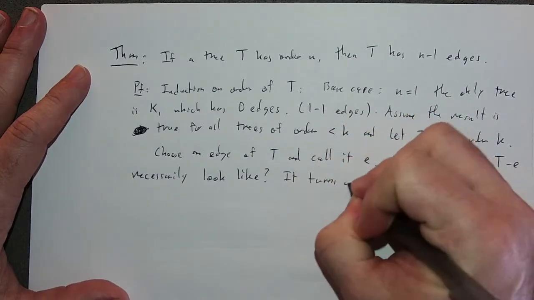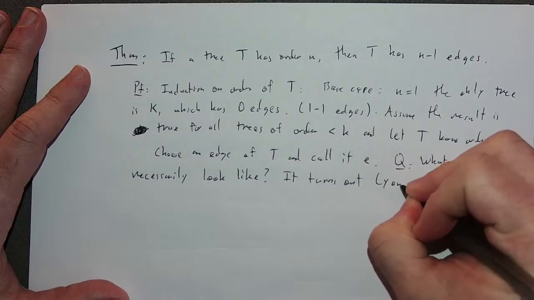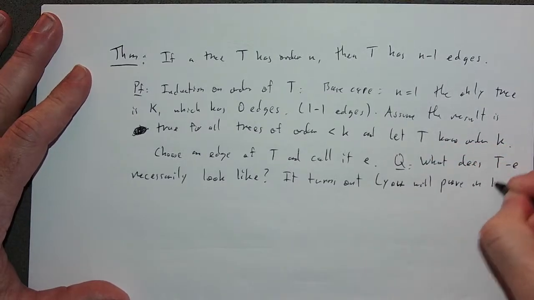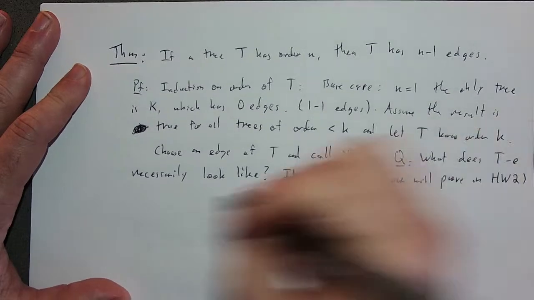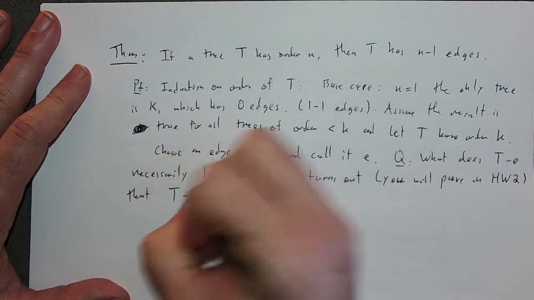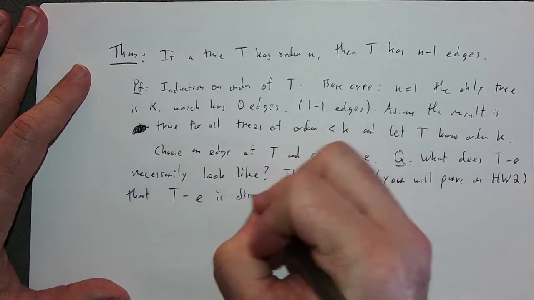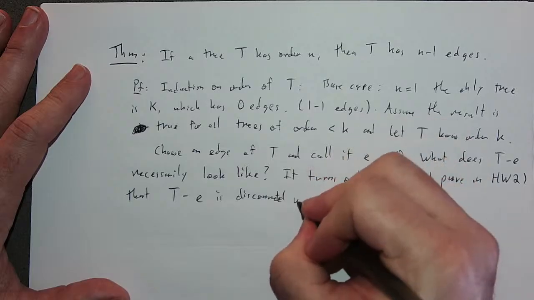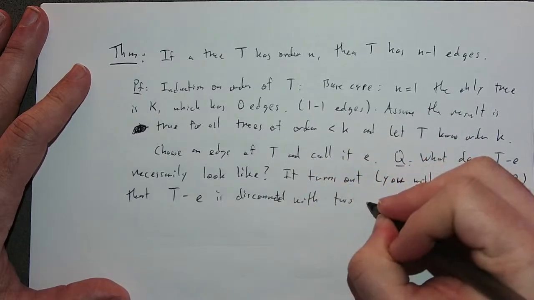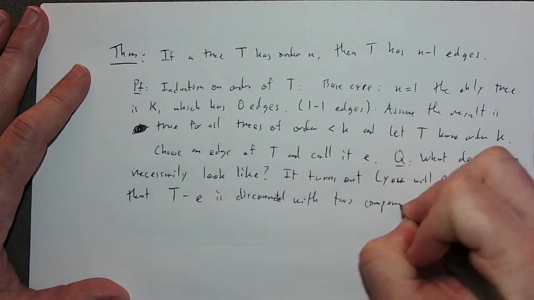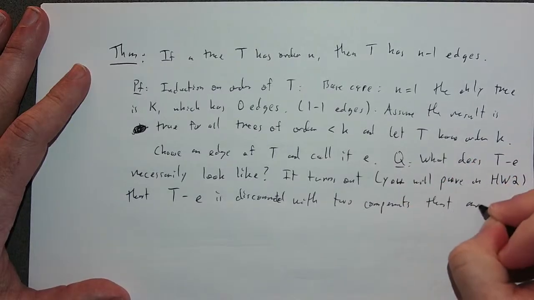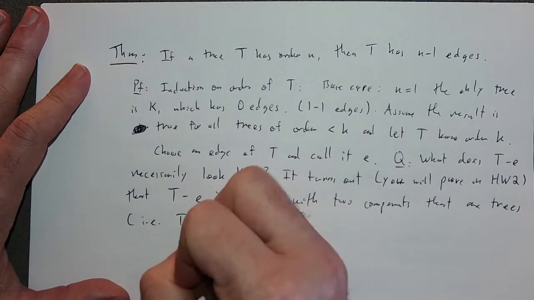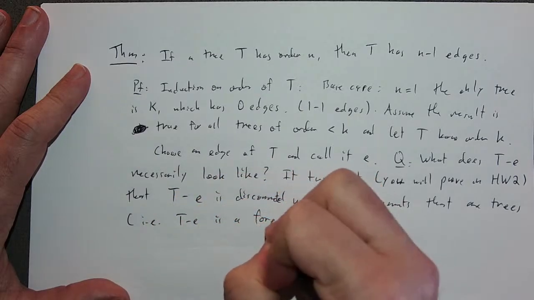You will prove this in homework 2: that T minus E is disconnected with 2 components that are trees, i.e. T is a forest of two trees.